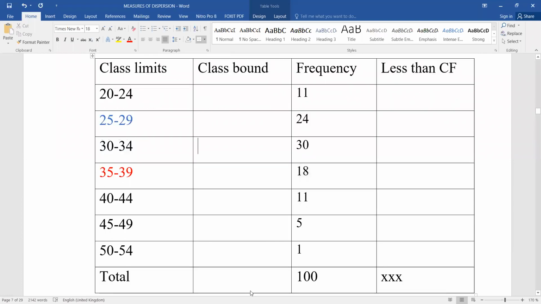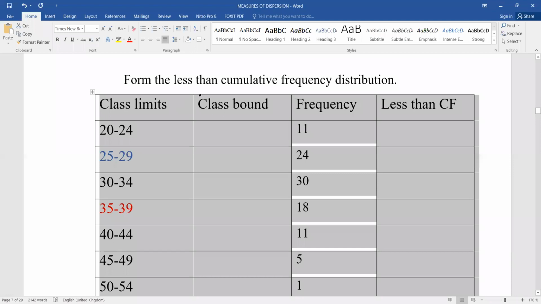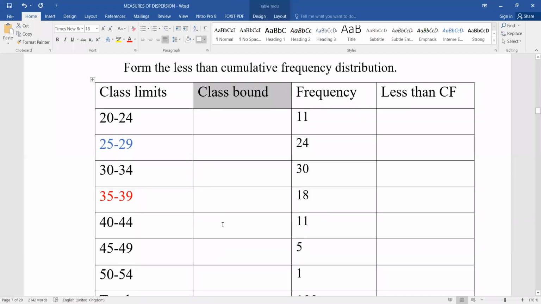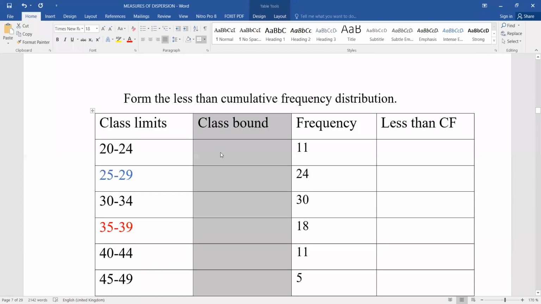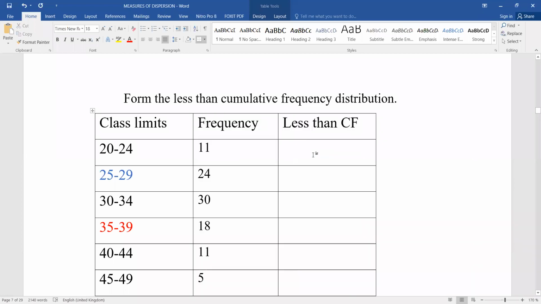We don't need this column, so we can just delete the column. Good.